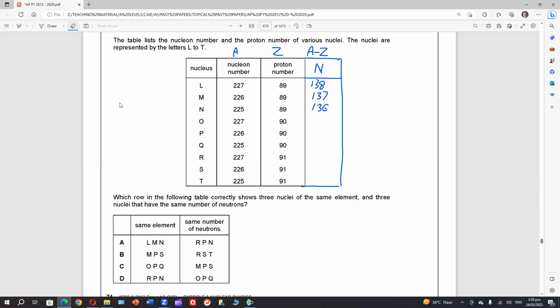If you complete this list, then you can compare and get the answer.